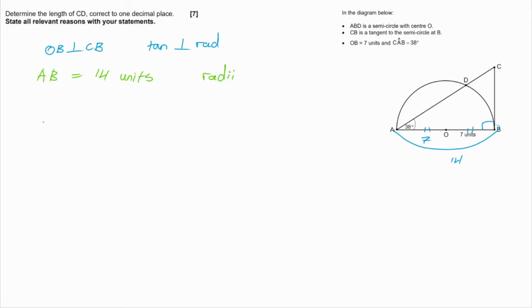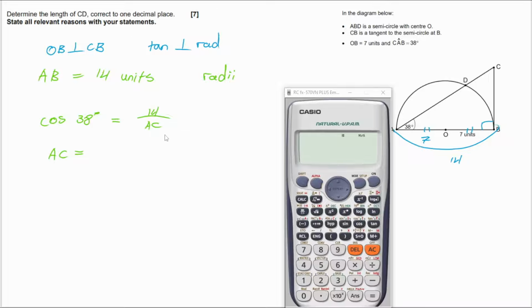So what we're going to do is use cos of 38 degrees. That's our adjacent, which is 14, over our hypotenuse, which is AC. So we're going to get AC is equal to, let me open up the calculator here for us. AC comes this side, so it's 14 over cos 38 degrees.